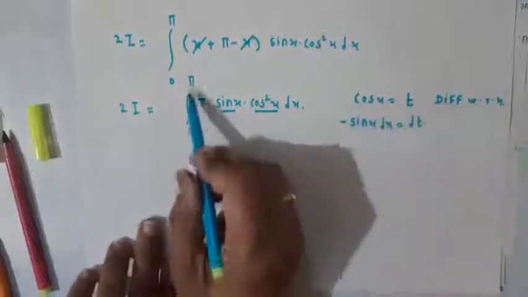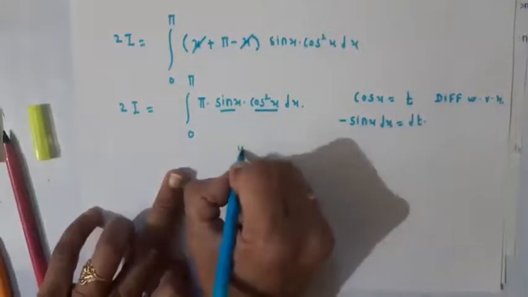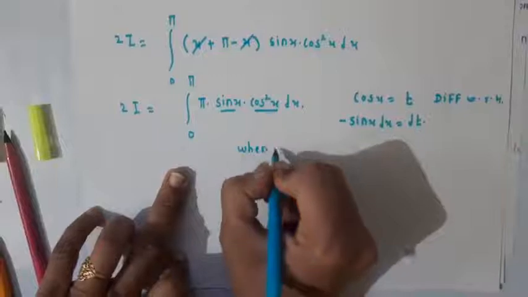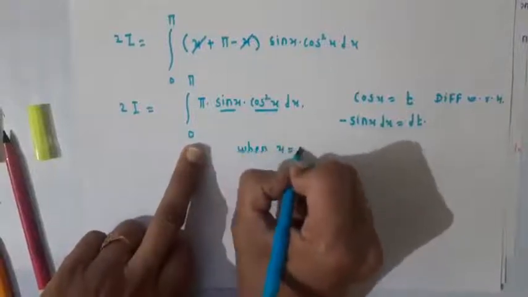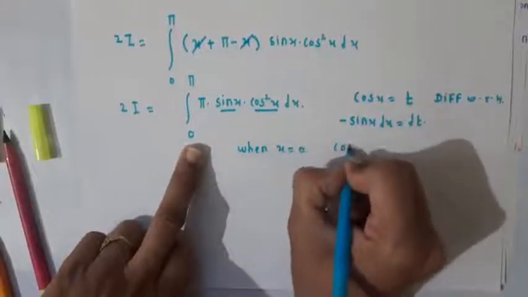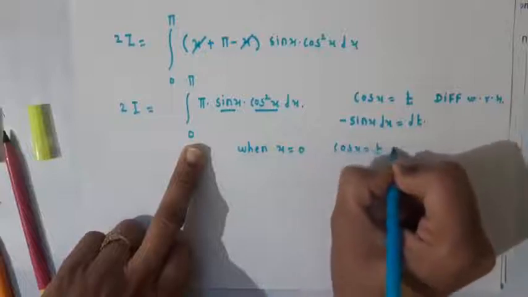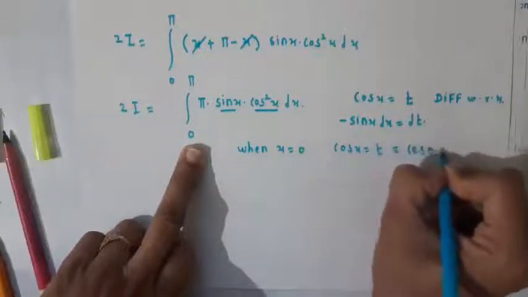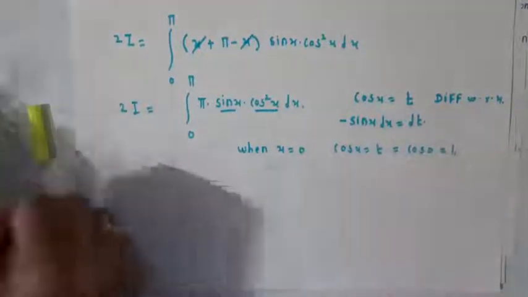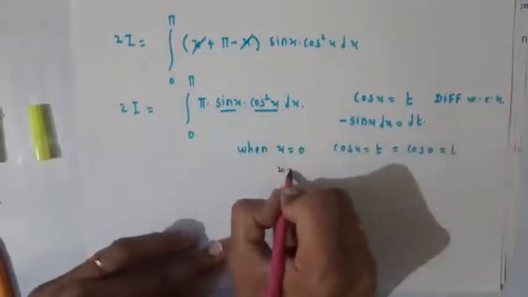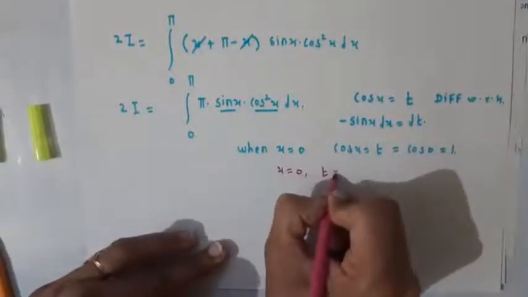Also change the limit according to the substitution. So when x equal to 0, cos x equal to t, and that is cos 0. Cos 0 is 1. Therefore at x equal to 0, t equal to 1.